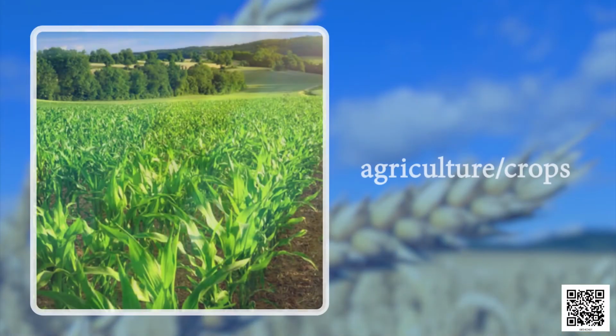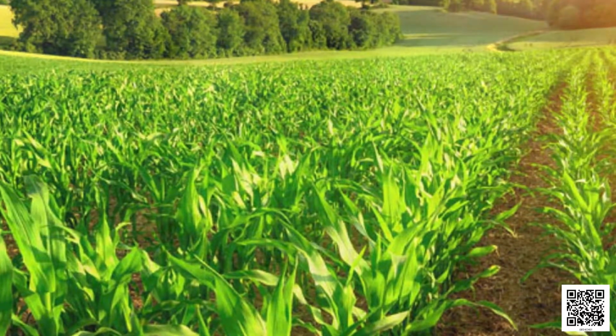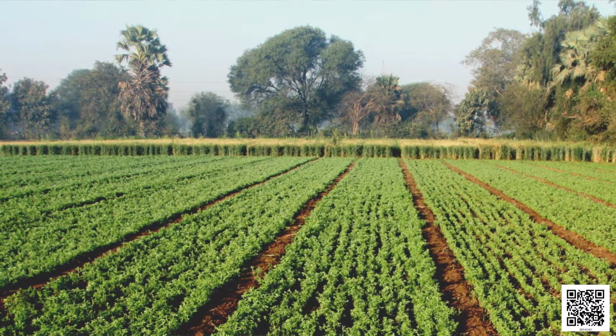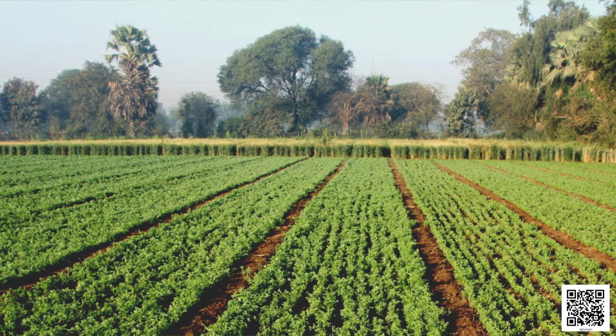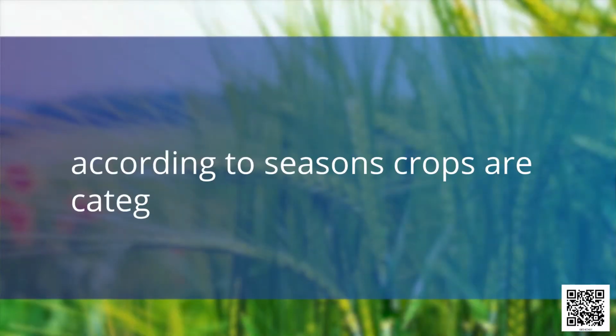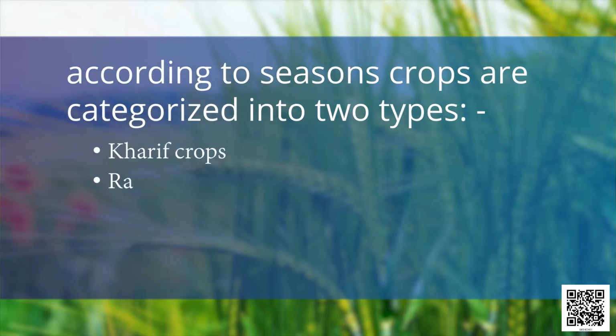First of all, let us learn about agriculture and crops. Crop: the same kind of plants grown and cultivated at a place constitute a crop. As we all know, there are many crops, but according to the season, crops can be broadly categorized into two types, Kharif crops and Rabi crops.